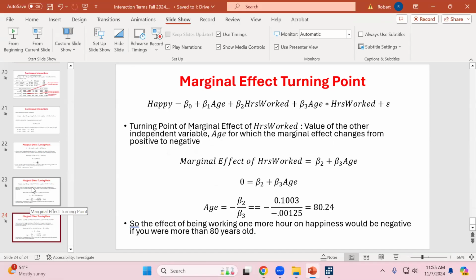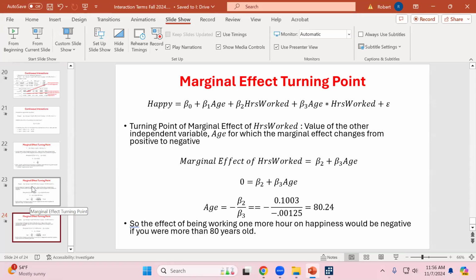I have basically the same thing in the slides, but I want to make another point, which is this is simply talking about marginal effects. If I'm just concerned with making predictions, I can still make predictions for happiness based off of my regression results, right?